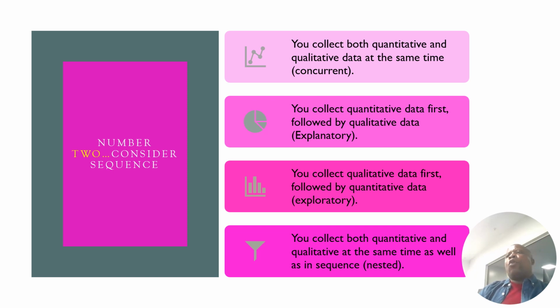Then you can also use both quantitative and qualitative at the same time, as well as in sequence. So you can go out there and collect data at the same time. Then after collecting the data, you discover that you need to drop one methodology, focus on one methodology, then pick the other methodology at a later stage.